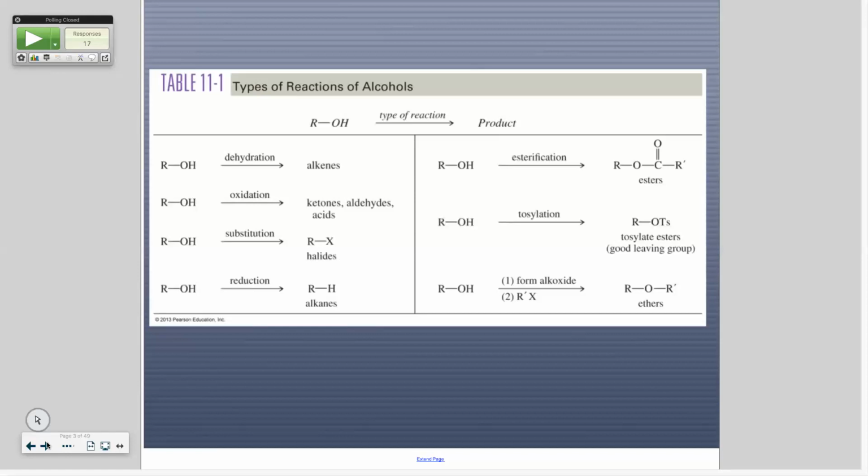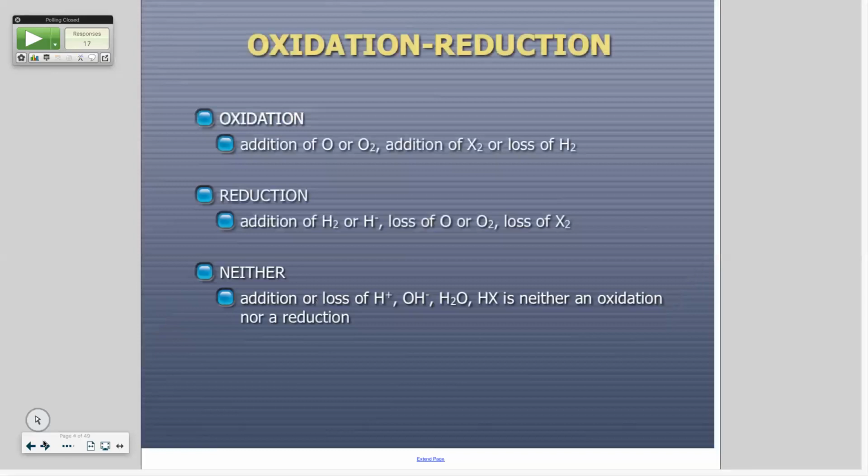And then the last one is to form an alkoxide and then add an alkyl halide and do an SN2 reaction. You also did that in lab this semester, didn't you? Ethoxynaphthalate.